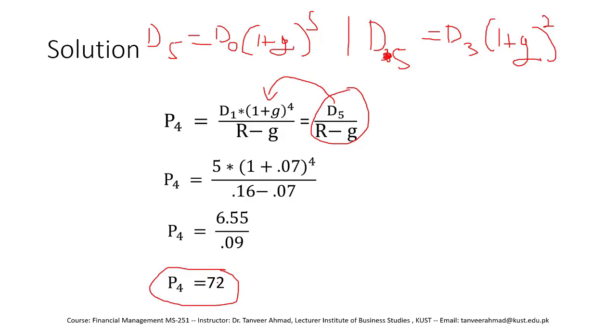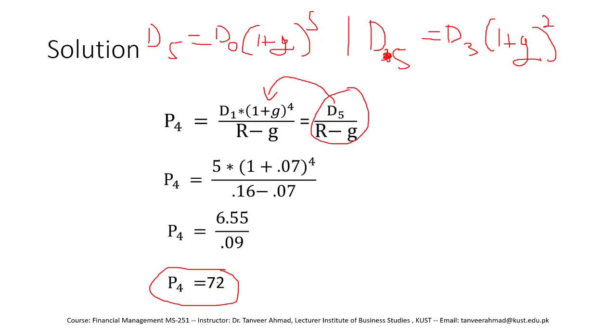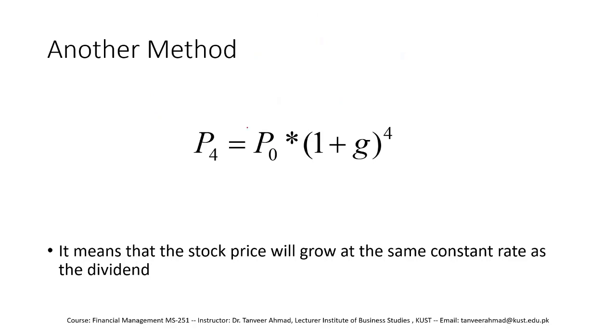There is another way of doing this question, and that is by using this equation. Remember, we needed to find P4. We can find P4 using this method, which is another method to solve this constant growth model.